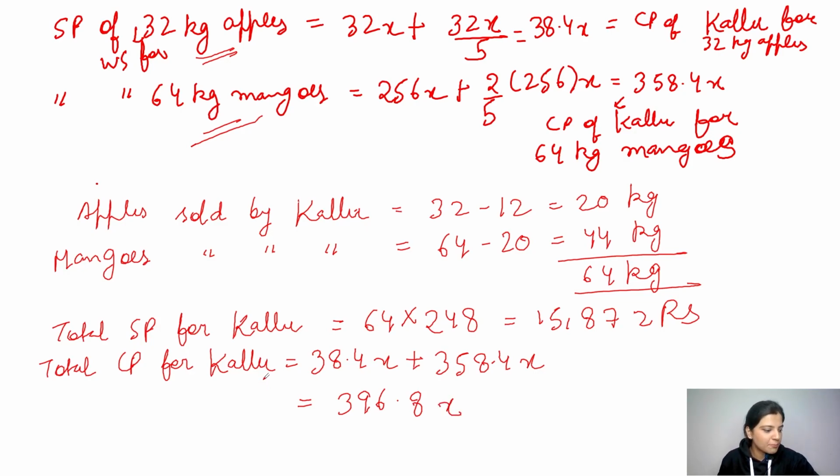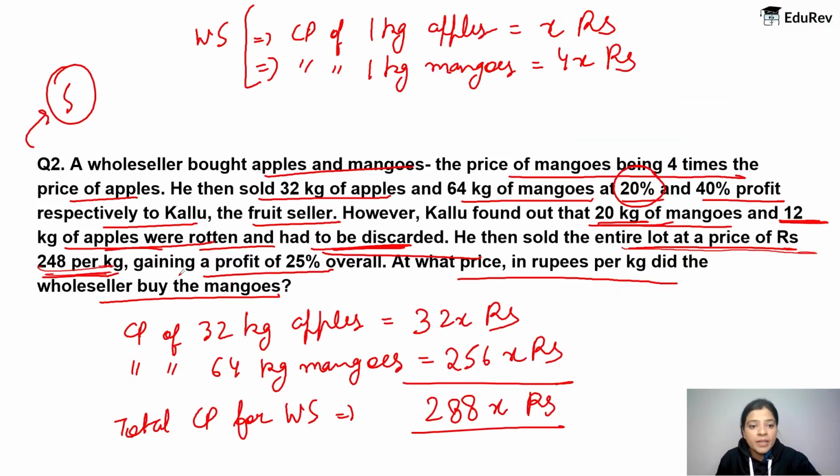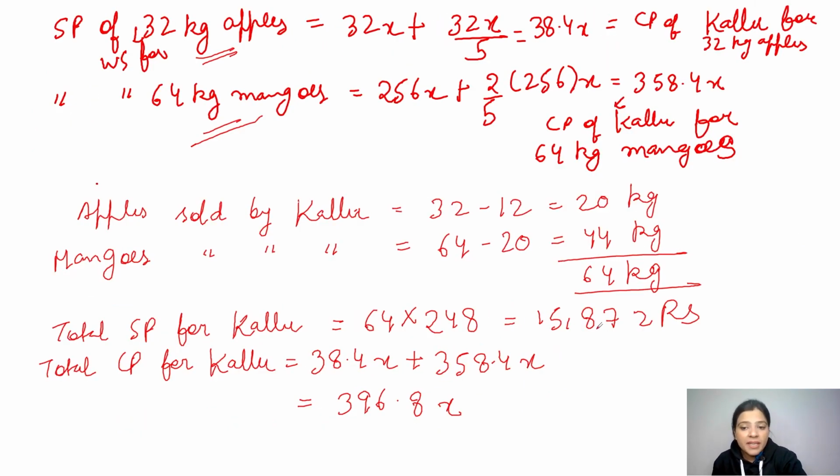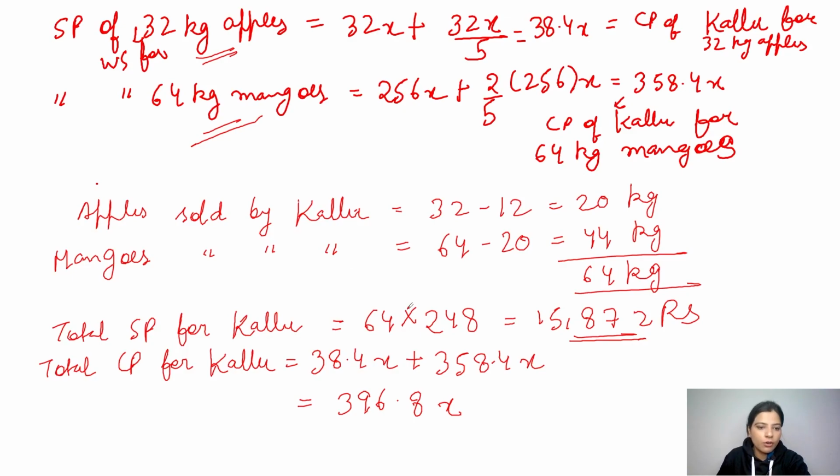You have total SP for Kalu. Now you also read this line carefully. This entire lot was sold for 248 per kg, gaining a profit of 25% overall. So it means this SP also includes his profit of 25%. And you know, profit and loss is always calculated on the cost price.